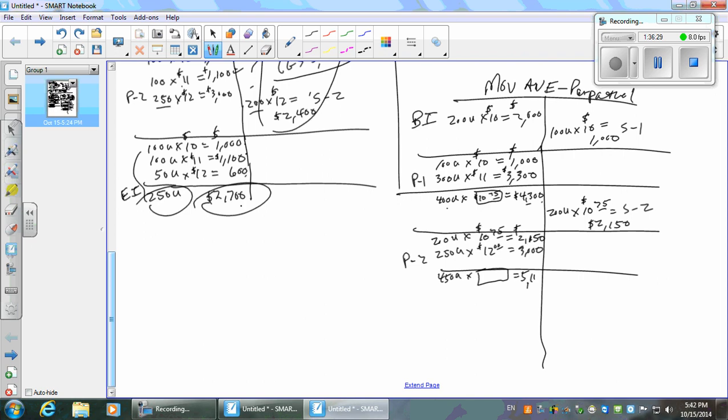How are you going to get a moving average out of that? Take 5,150 and divide it by what? 450 units. And it's going to go up, right? It's going to be between $10.75 and $12, isn't it? Closer to $12 because there's 250 of those and only 200 at $10.75. So how much is it? $11.44. Okay.